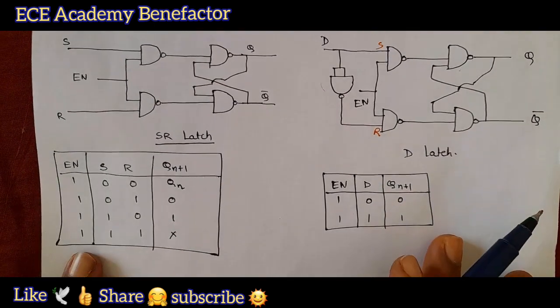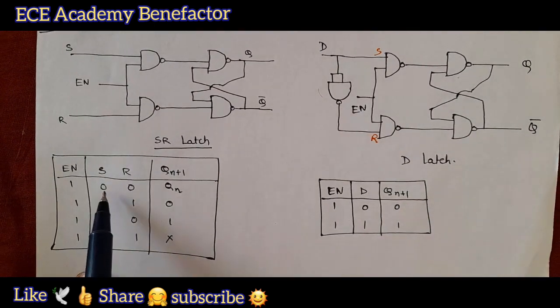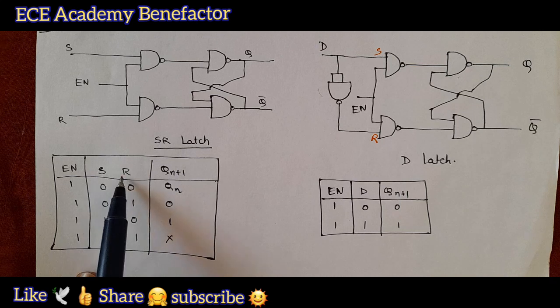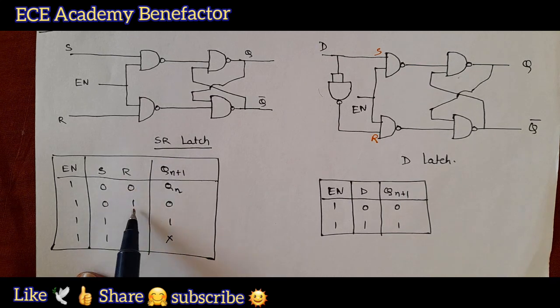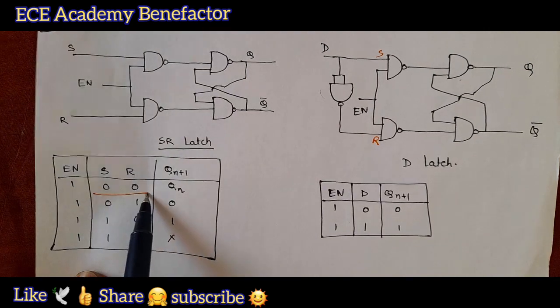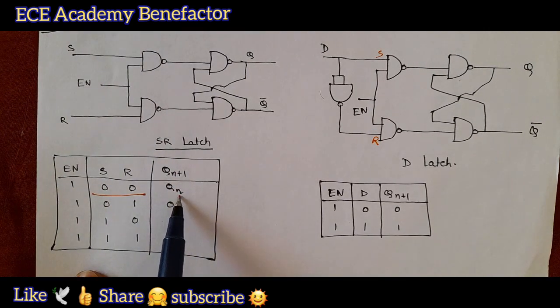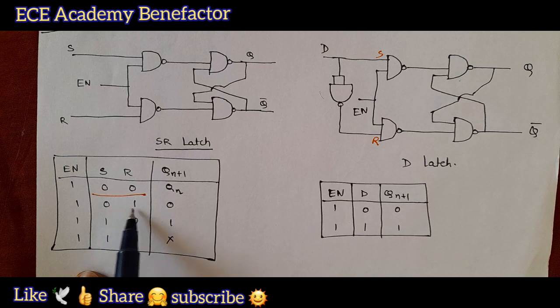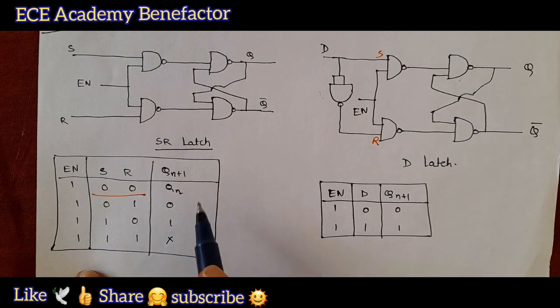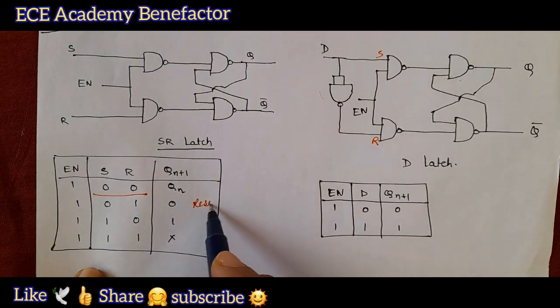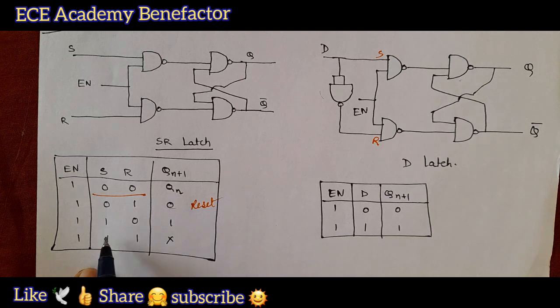Coming to their truth table, the inputs for the SR latch are 0 0, 0 1, 1 0, 1 1. When both the inputs are 0, Qn plus 1 is going to be Qn. When it is 0 1, it is going to be the reset state, 0. When S is 1, R is 0, output is going to be 1, which is known as the set state.